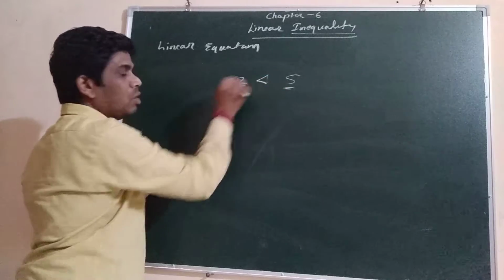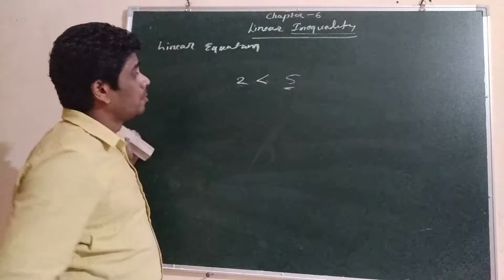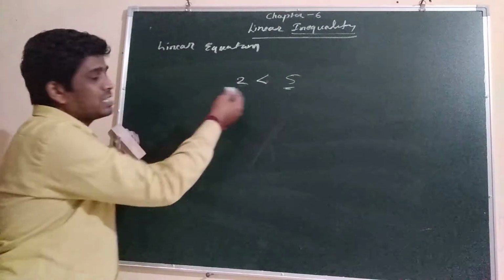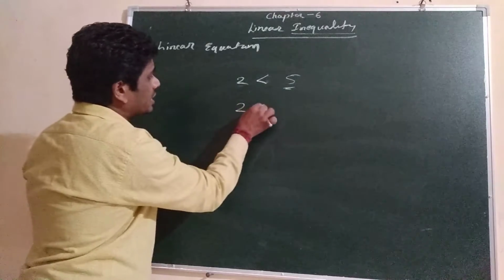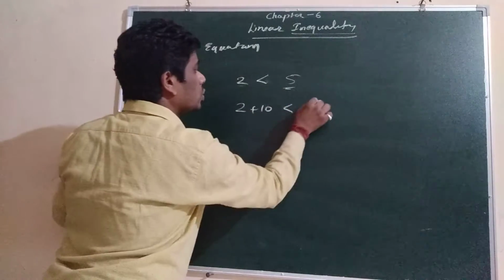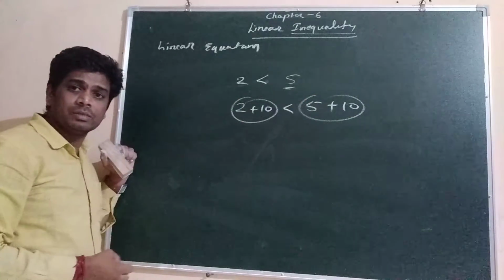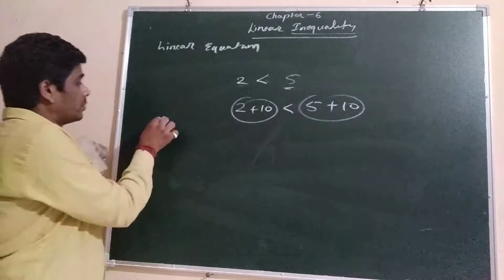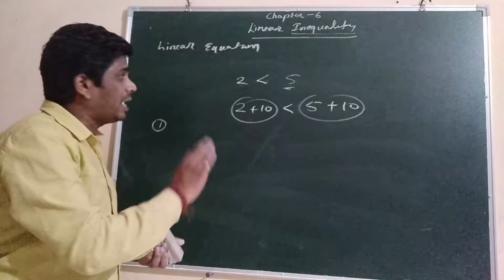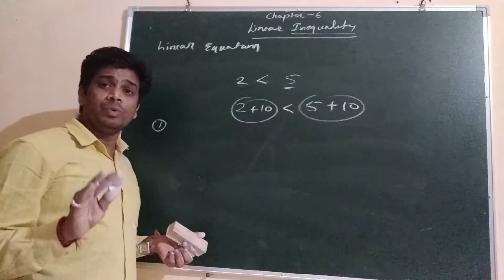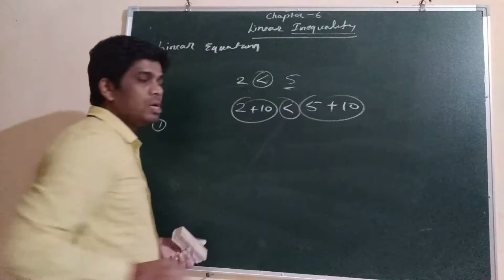This is bigger, this is smaller. Now, we can add or subtract any value. Suppose you add 10 on this side and 10 on the other side. Still the result will be less than. So the first rule of inequality is that any value we can add or subtract, and there will not be any change of the symbol.